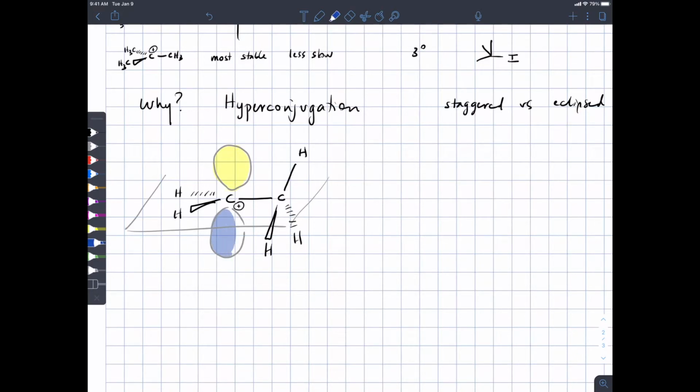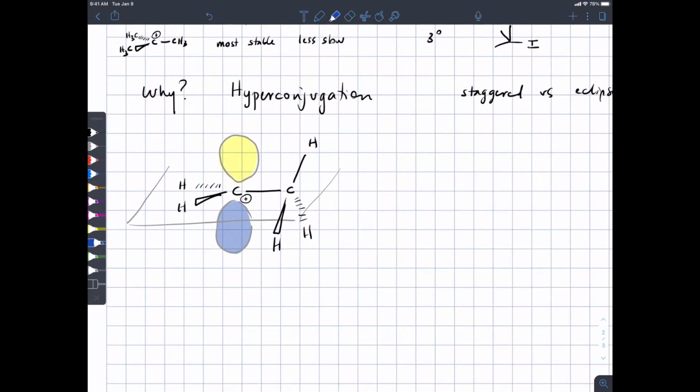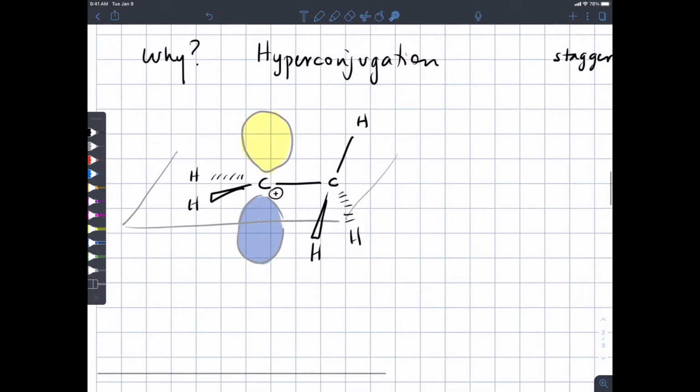We'd fill in color for wave function sign, just to indicate that there's a switch in wave function sign as we go from one lobe to the other. Wave function is 0 in the plane of these carbon and hydrogen atoms.